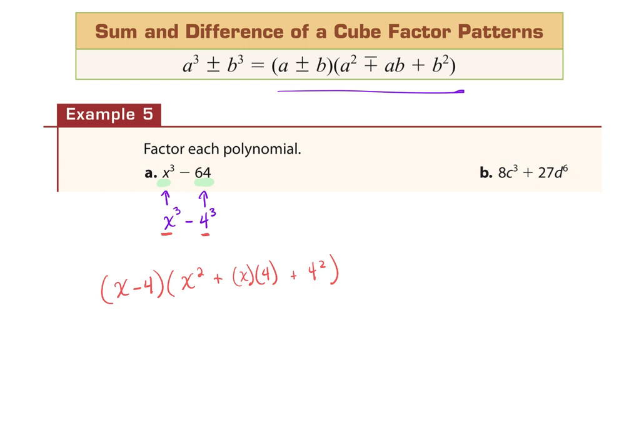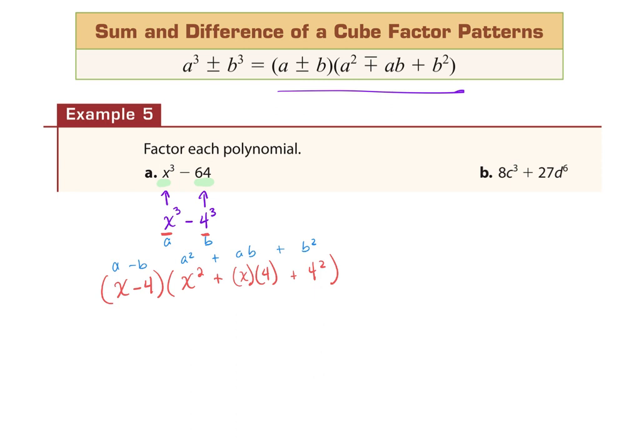That's like my a squared plus ab plus b squared. So this is my a, this is my b, and then I just did a minus b, a squared plus a times b plus b squared.